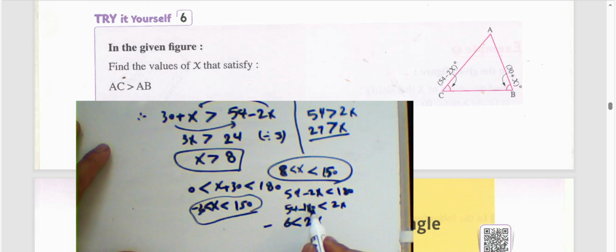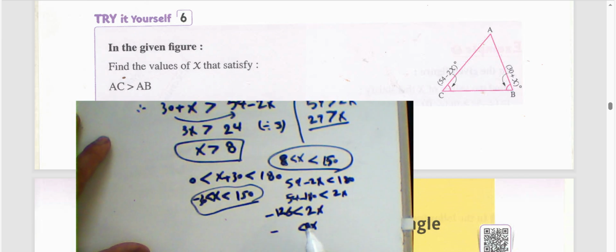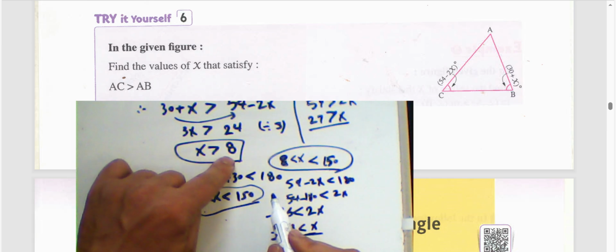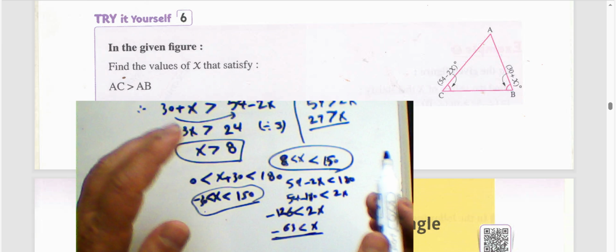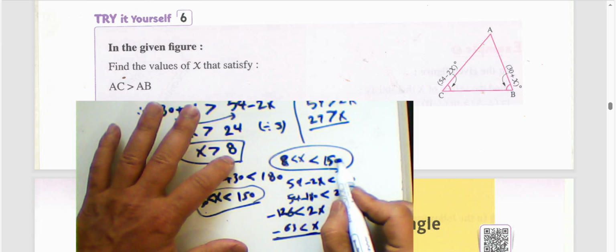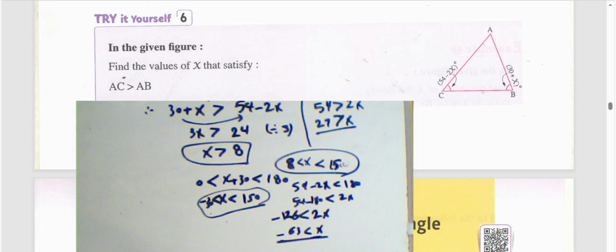Then we can divide it by 2, divided by negative. But this negative and this negative we don't need. We need only positive numbers, 27 and 8. X greater than 8 and x less than 27, and from the last positive number 8 and 150. Okay, then x lies between 8 and 27 together.